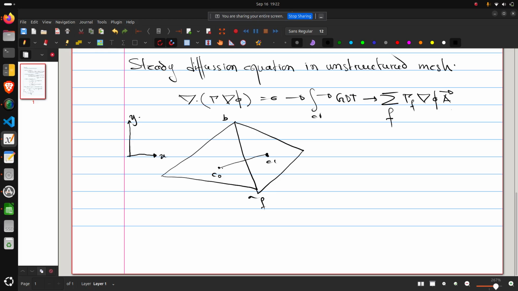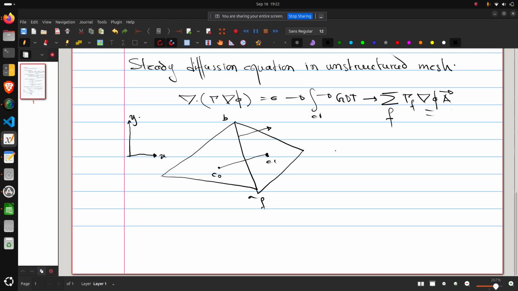So the distance between the two cell centers is not aligned with the x direction, right? And also the area normal vector is not aligned with any of the directions. Okay, so we cannot just take one of the components as we have done.